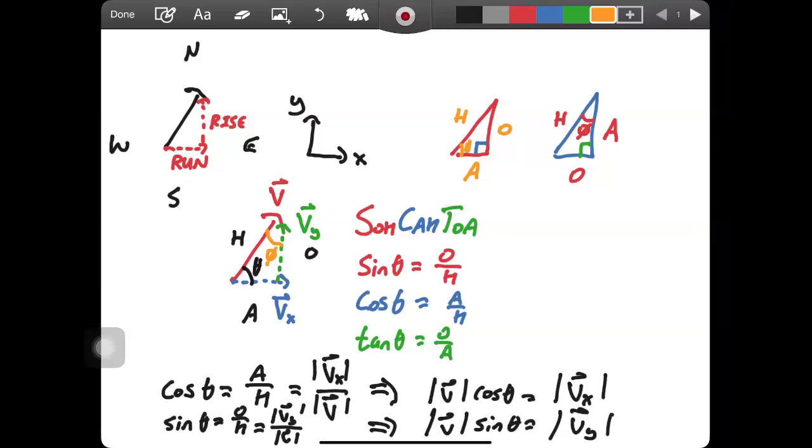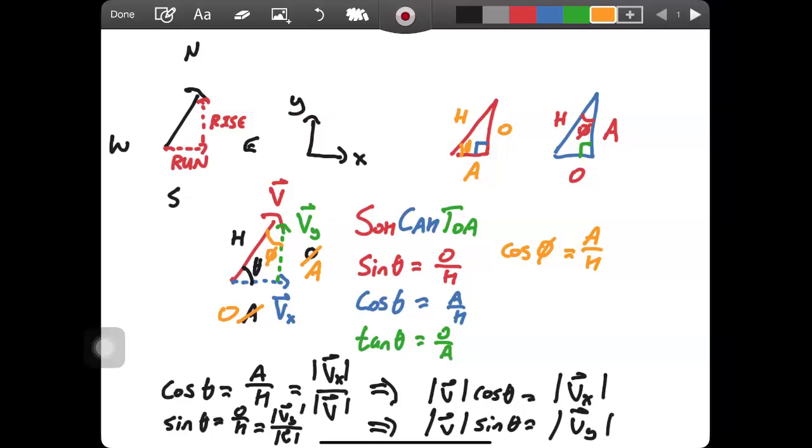So now based on phi, you have this side is opposite of phi, and this side is adjacent to phi. So look now, cosine phi, that's going to equal the adjacent over the hypotenuse.